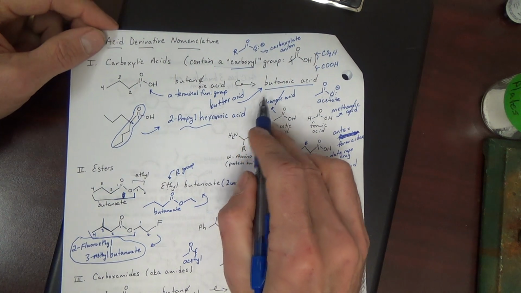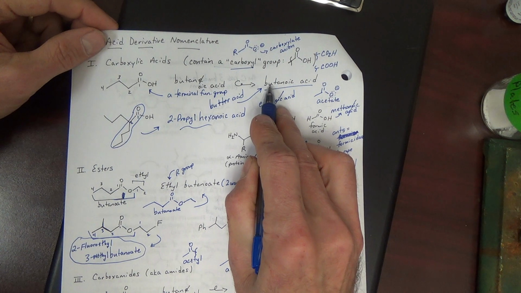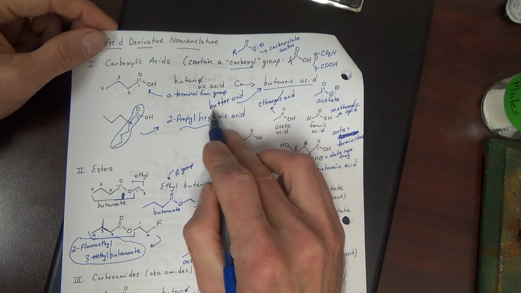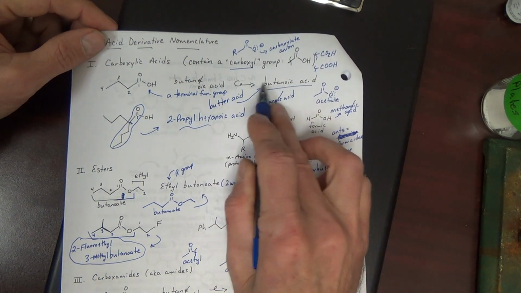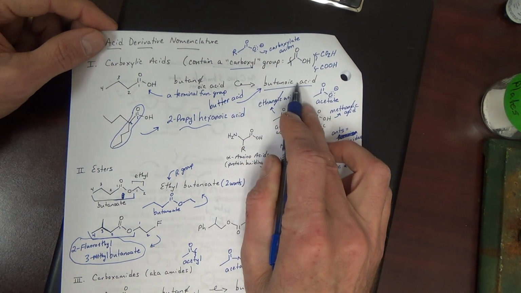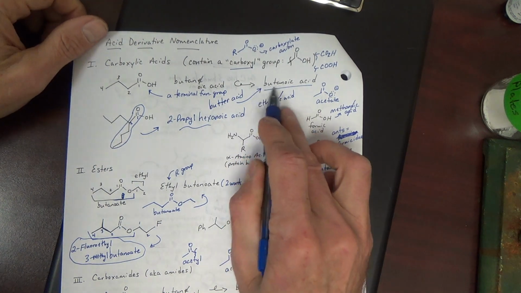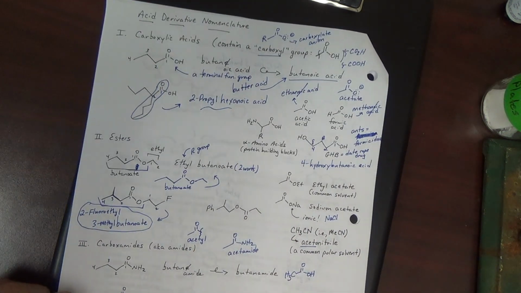And I could be wrong, but I think they knew that butter contained a lot of this particular compound, and they eventually knew that it was a 4-carbon carboxylic acid. And I think that's how the 4-carbon fragment became known as butyl. So, just a little interesting tidbit there.